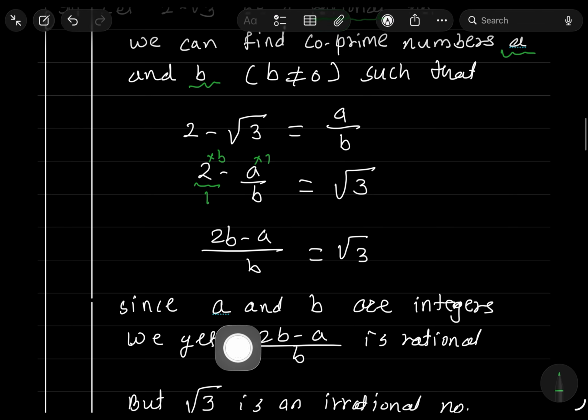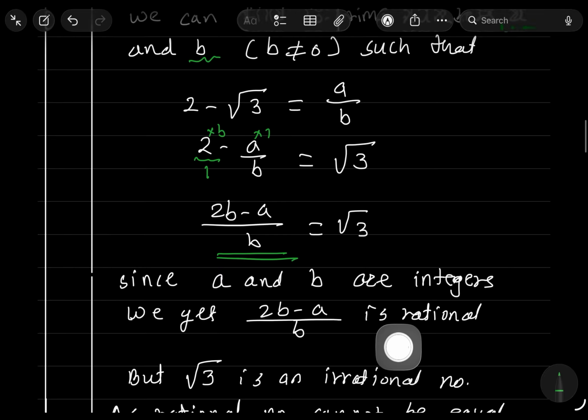Okay, so since a and b are integers, we get that 2b minus a upon b is a rational number. Why is it a rational number?